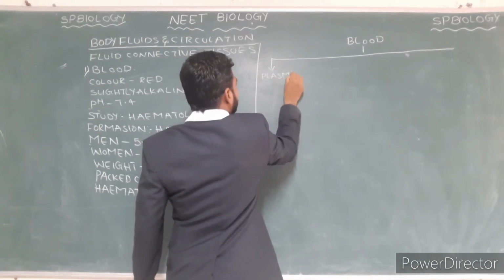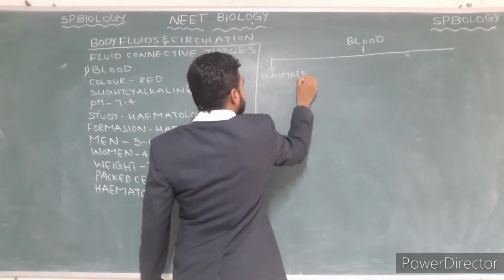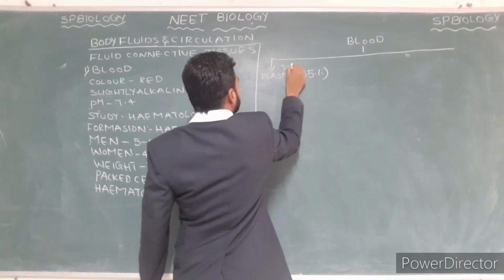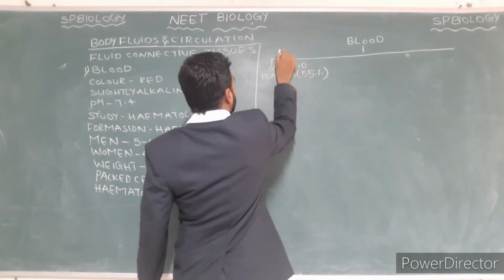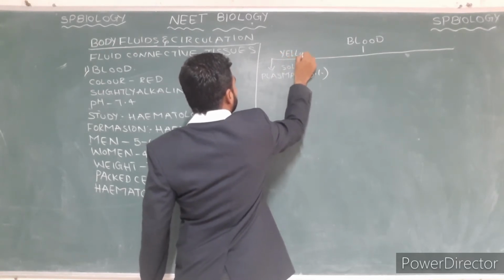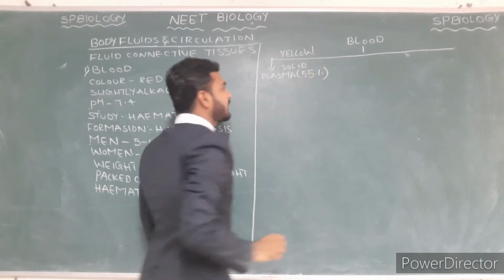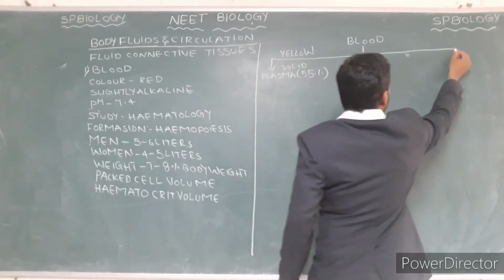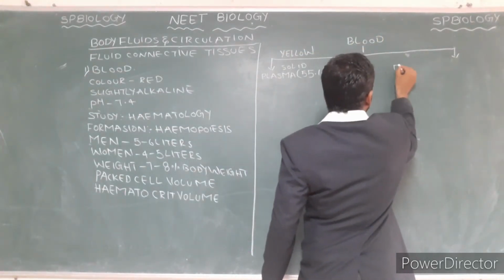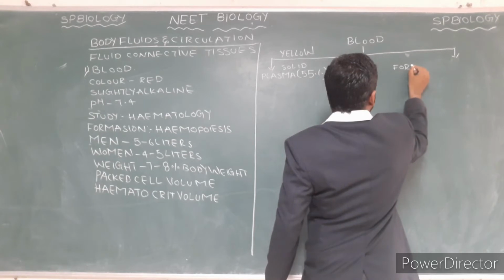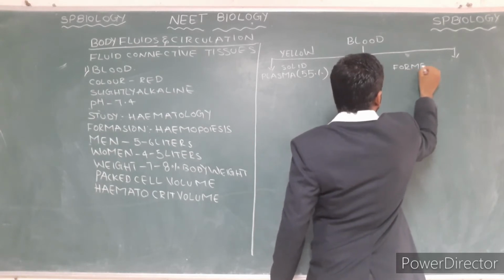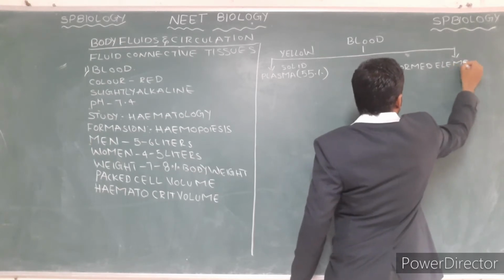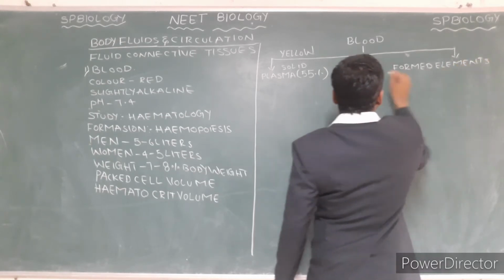Plasma is 55%, the fluid part of the blood, and yellow in color due to urobilin and bilirubin. Formed elements in blood are 45%.